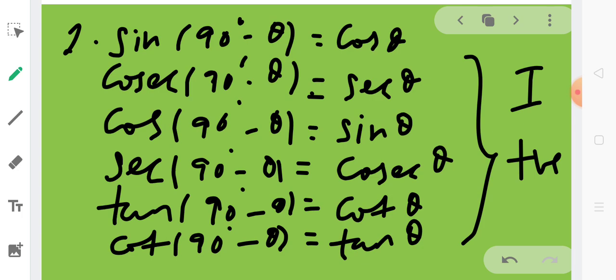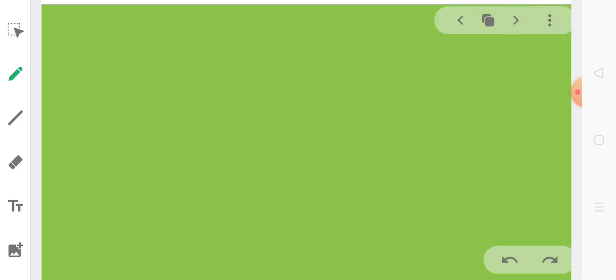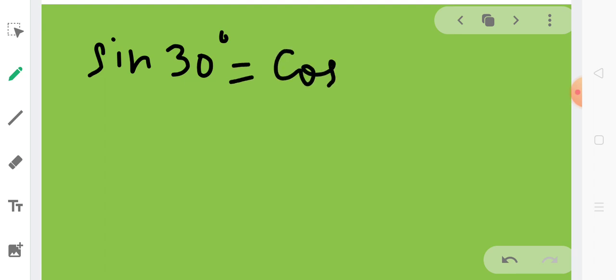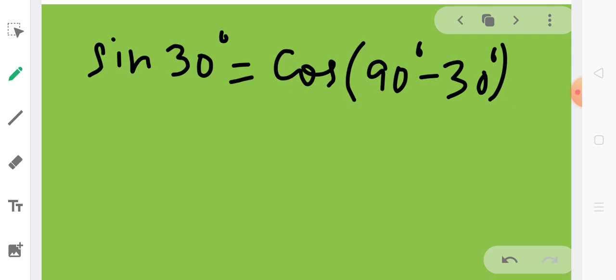For example, if you are given sine 30 degree, so sine 30 degree will be equal to cos of 90 minus 30, that is equal to cos of 60 degree.